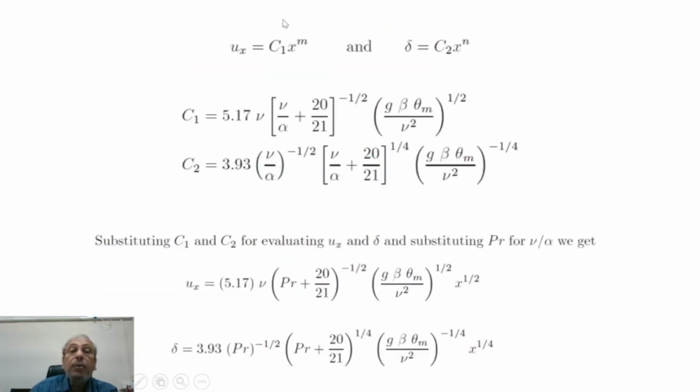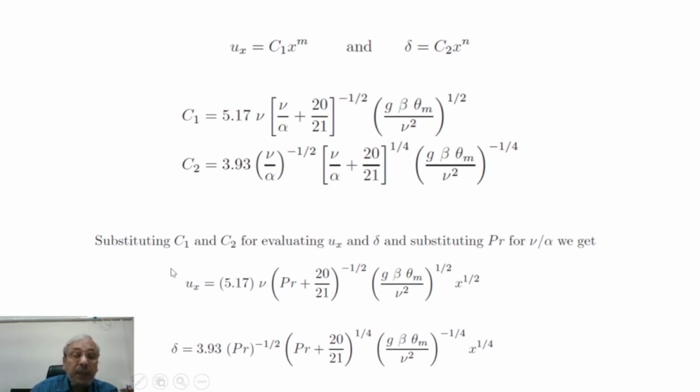So now we know m, n, C1, C2. So we can get the expression for ux, which is C1, whatever we have written here, into x to the power m, meaning half; again delta equal to C2, whatever we have obtained as C2, into x to the power n, meaning x to the power 1/4. So ux and delta we can write this way.